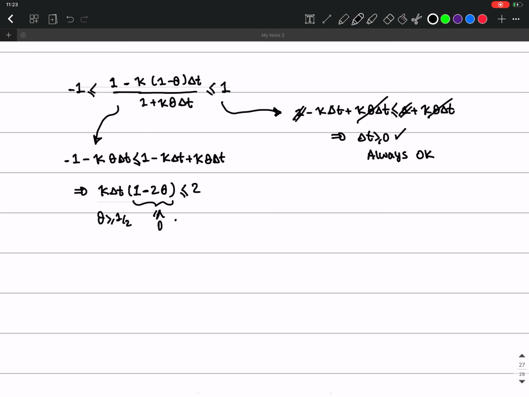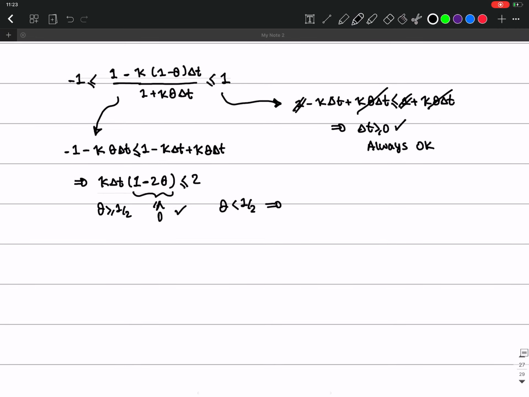So this is always going to hold if theta is greater or equal to 1/2. How about if theta is smaller than 1/2? If theta is smaller than 1/2, then kappa delta t should be smaller or equal to 2/(1 minus 2 theta), right? Because this is going to be a positive number now. So we will have this condition.